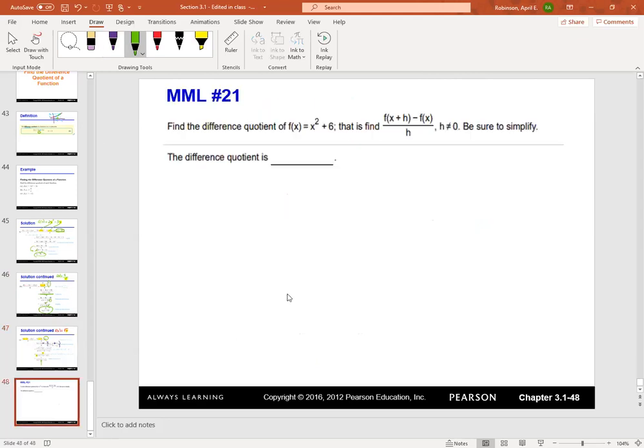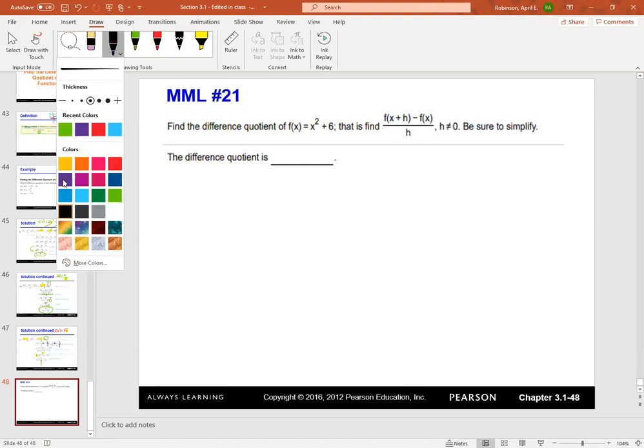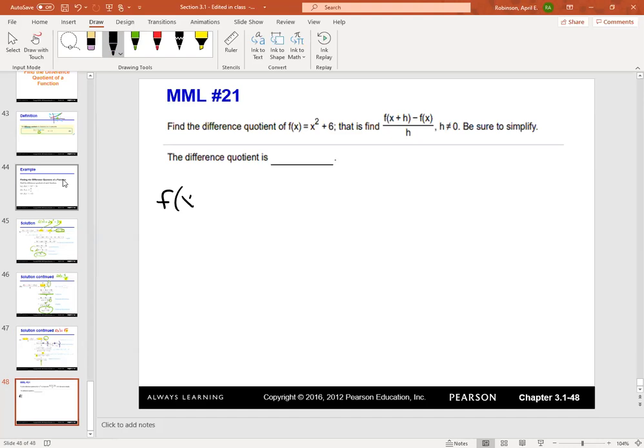So let me do this, Mymathlab number 21. It says find the difference quotient of f of x equals x squared plus 6. And of course, the difference quotient is f of x plus h minus f of x all over h.